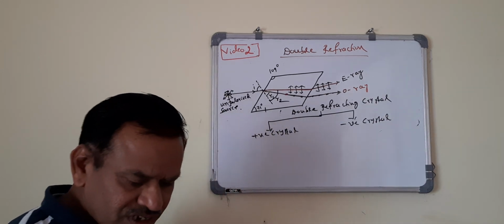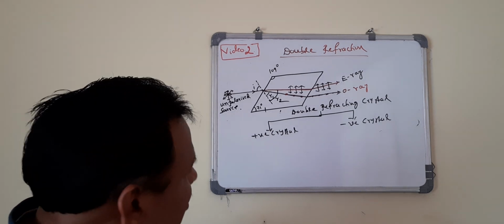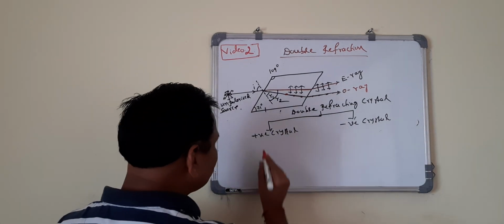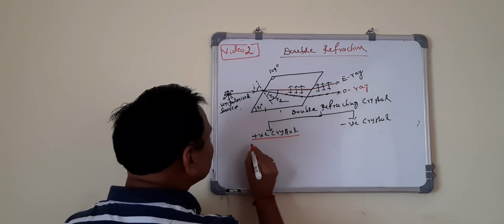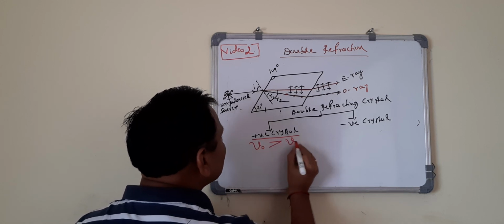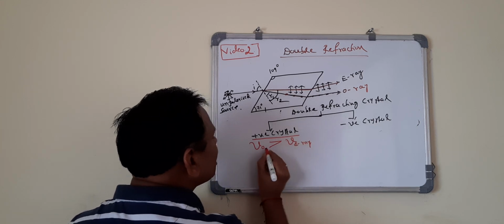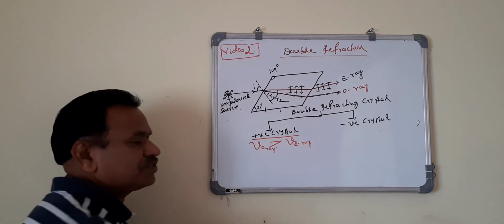What is a positive crystal and what is a negative crystal? I'll tell you this. Positive crystal means, remember, the velocity of the ordinary ray is greater than the velocity of the extraordinary ray. This is the positive crystal.